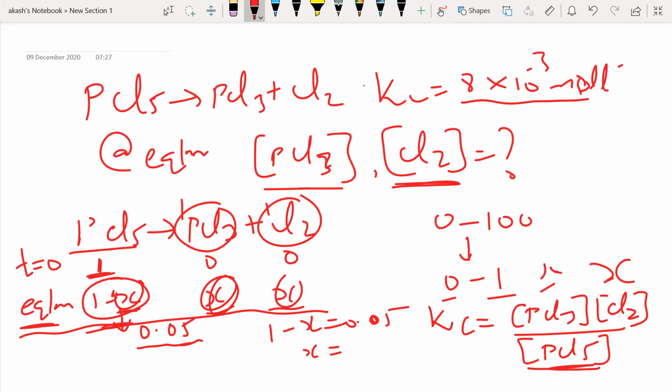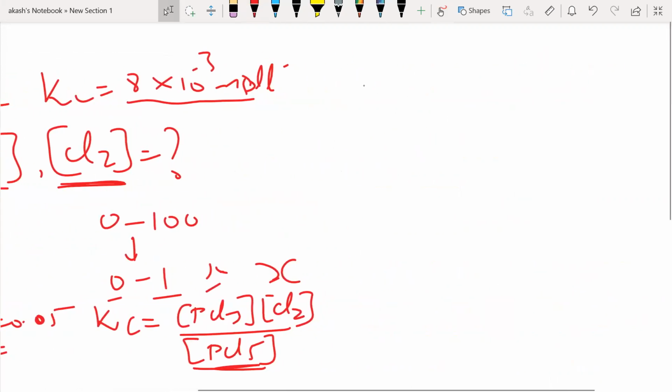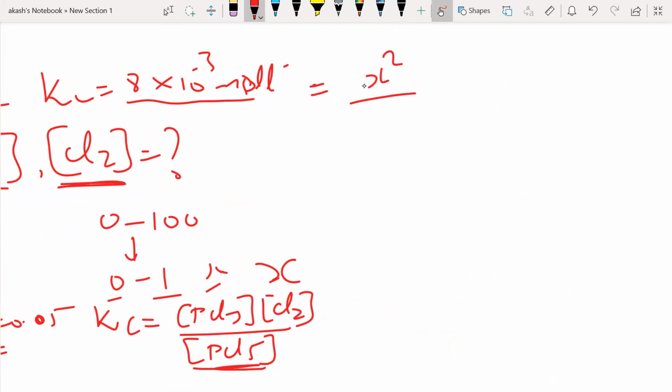Now the equilibrium constant is given to be 8 into 10 to the power minus 3, which is equal to X squared divided by 0.05. Why X squared? Because PCl3 and Cl2 have the same concentration.